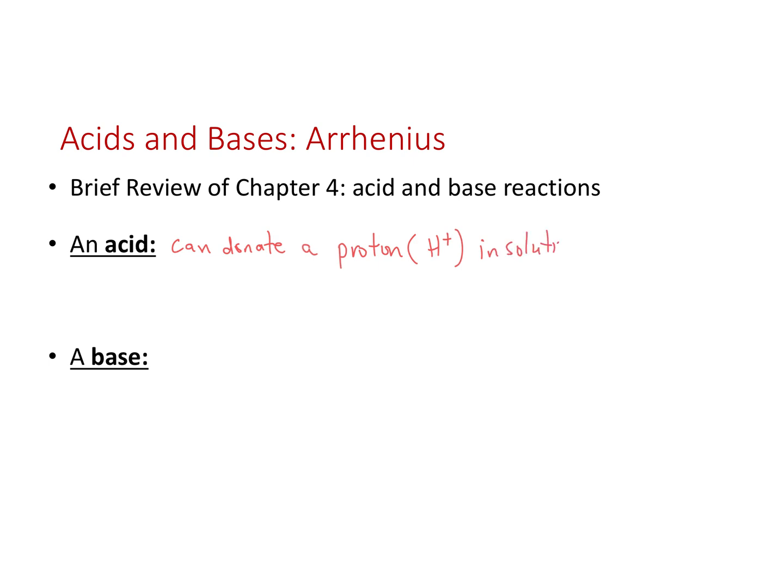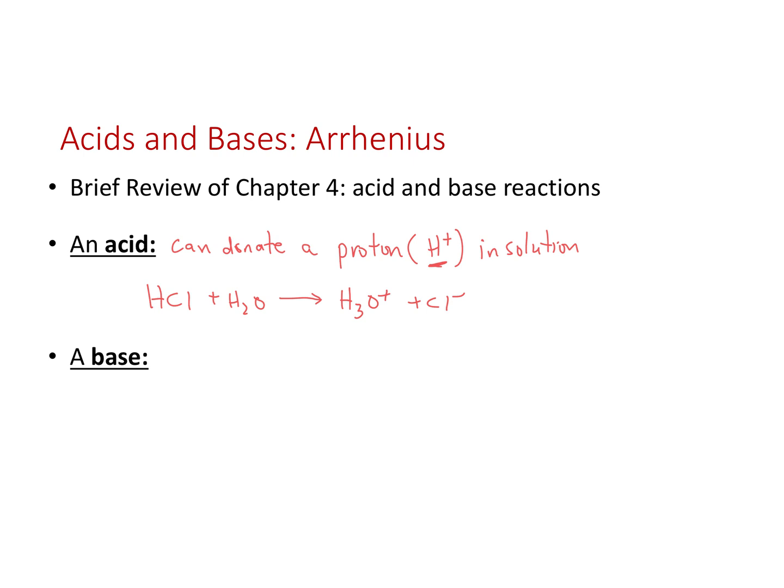So adding an acid to solution will increase the proton concentration, the H+ concentration. So something like HCl, for example, when we add HCl into water, we get hydronium and chloride.